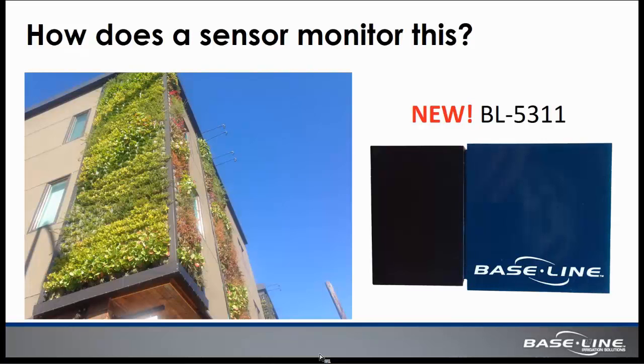Baseline has recently released a new sensor that was designed and engineered specifically for green roof, green wall, or container type applications, that has a smaller footprint that fits into these smaller soil profiles or smaller planting areas, and can act the same as the sensors that are used in general landscapes to give us an indication of how much moisture is being applied and held in that soil profile for the green wall.